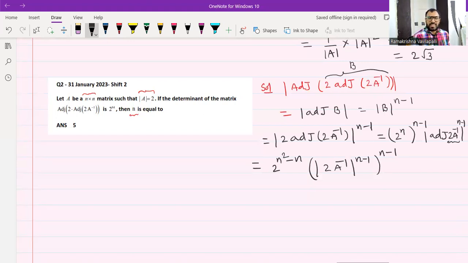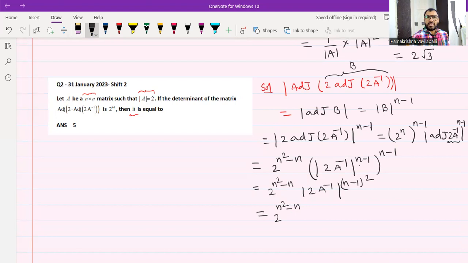So this is equal to 2 to the power of n square minus n, and I can write the determinant of 2 times A inverse whole to the power of n minus 1 whole square. Now bring 2 out of the determinant.